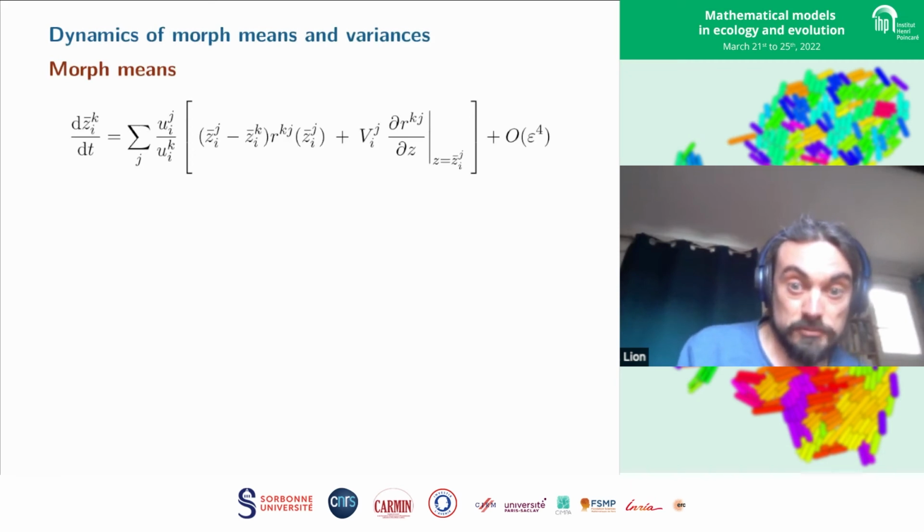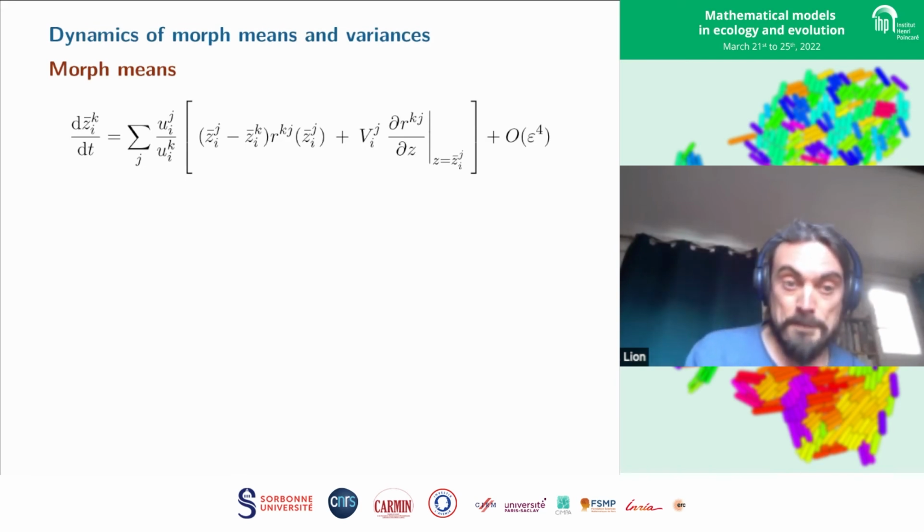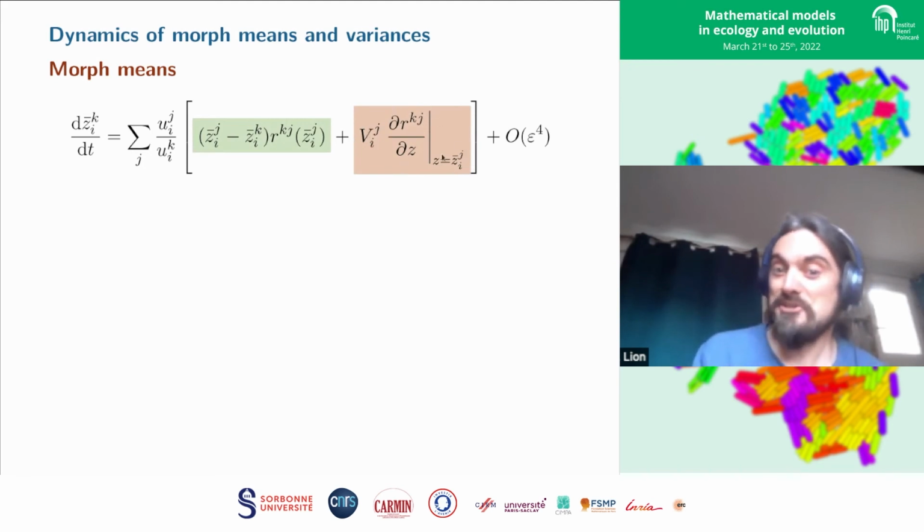So, skipping the details, we can obtain some dynamics for the morph means and for the morph variances. The morph means have this form. We recognize in red a classical quantitative genetics selection gradient expression with the variance times the derivative.